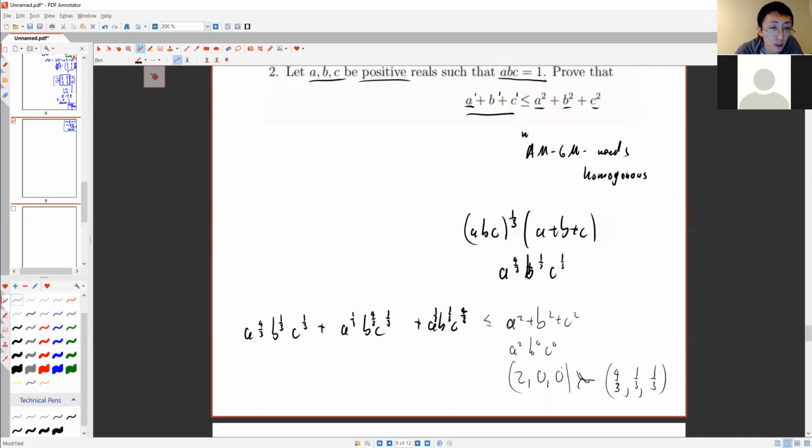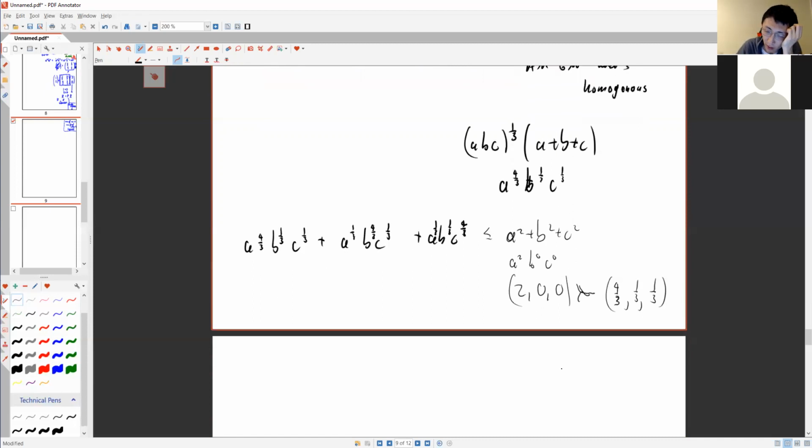There's a question: do you just add up the exponents and that becomes the denominator for the weights? That's a good question, and how do you find the weights? My thought is that these add up to 2, but I'm going to write it as 6/3 because they're in thirds.